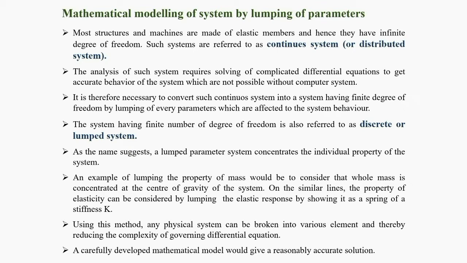On similar lines, the property of elasticity can be considered by lumping its elastic response and showing it as a simple spring element having a stiffness K, so that this spring represents the elastic property of that system. Here the stiffness of the spring would further depend on the type of material, its properties, and its dimensional parameters also.